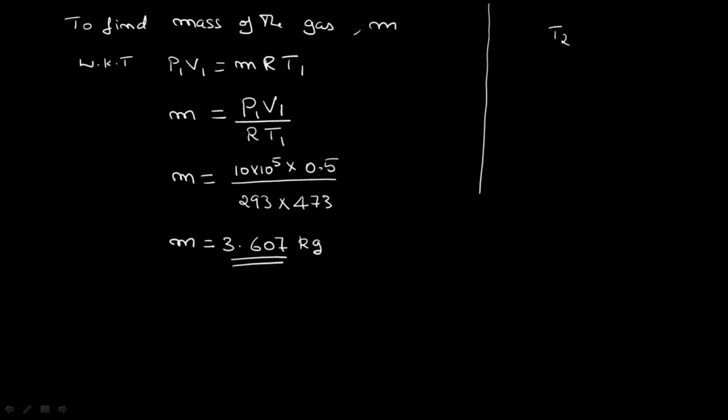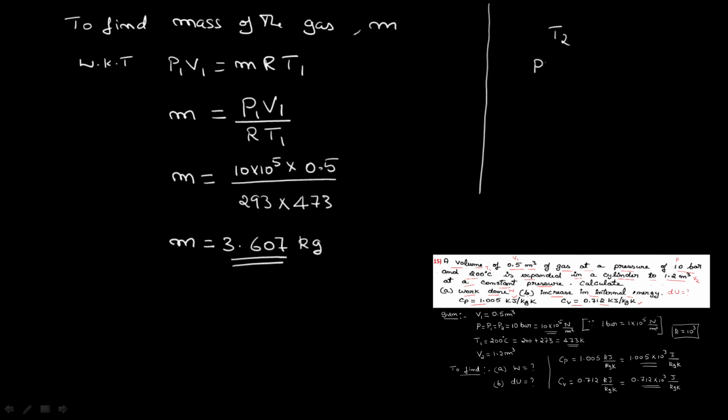T2, I'll be using the general gas equation, PV by T is equal to C. For different sets of conditions, P1 V1 by T1 equals P2 V2 divided by T2. I know P1 and P2, V1 and V2, and the initial temperature is given, so I can find T2.